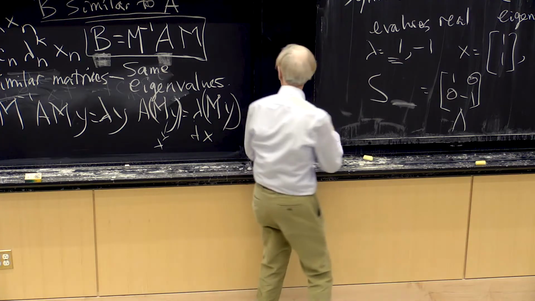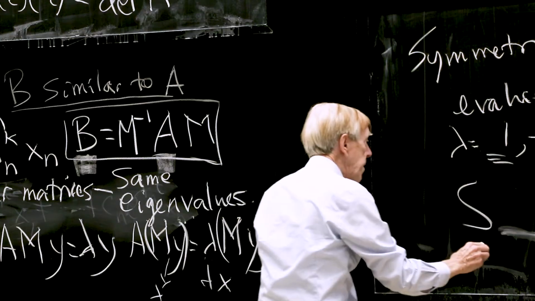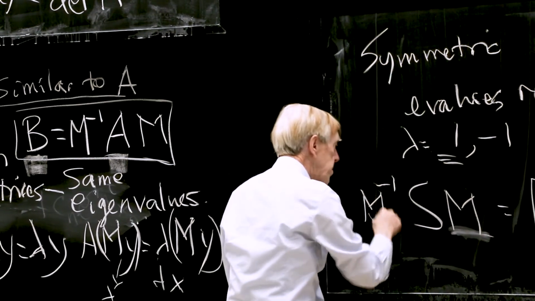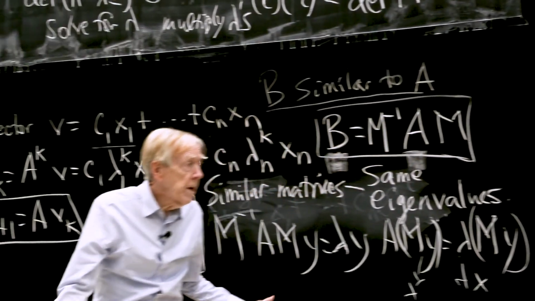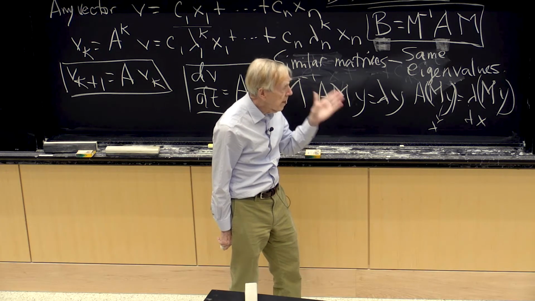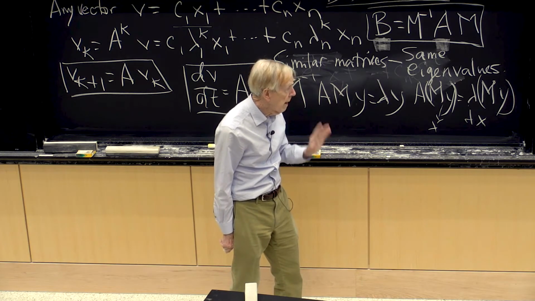So that S, what did I put in here? I'm following this pattern. I believe that there would be an M and an M inverse. And that's nice. First of all, it would confirm that the eigenvalues stay the same, which was certain to happen.